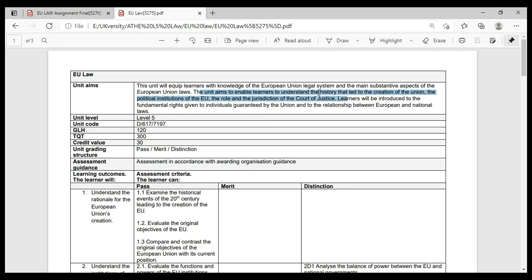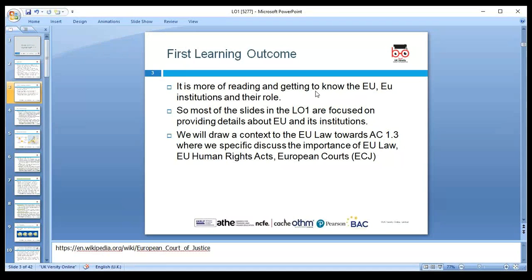The unit enables learners to understand the history that led to the creation of the European Union, political institutions, EU roles, jurisdictions, and courts. Learners will be introduced to the fundamental rights given under European and national law. That's all that will be focused on during this unit, and you will be able to develop your understanding.